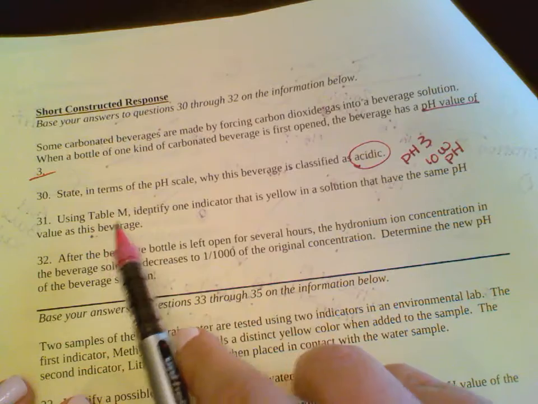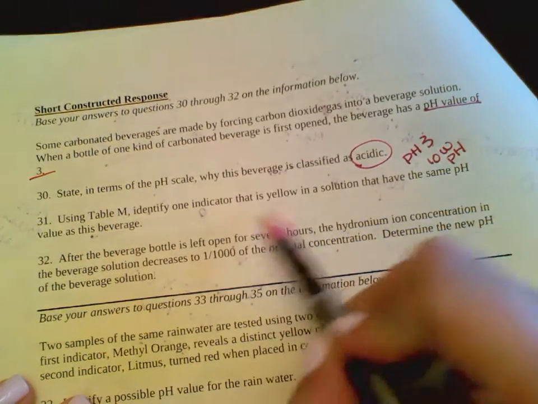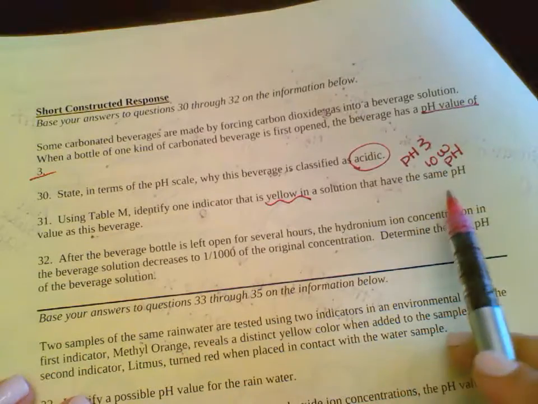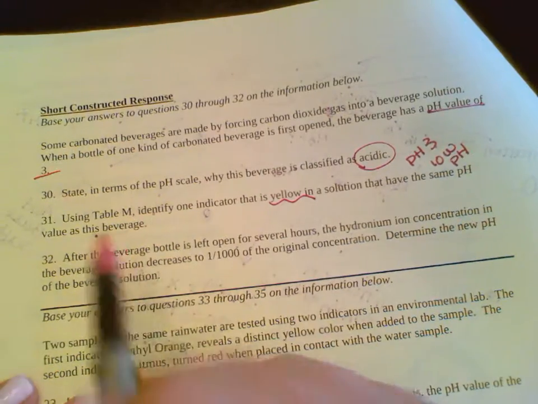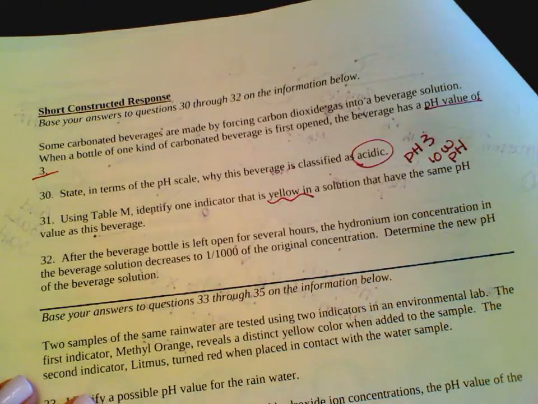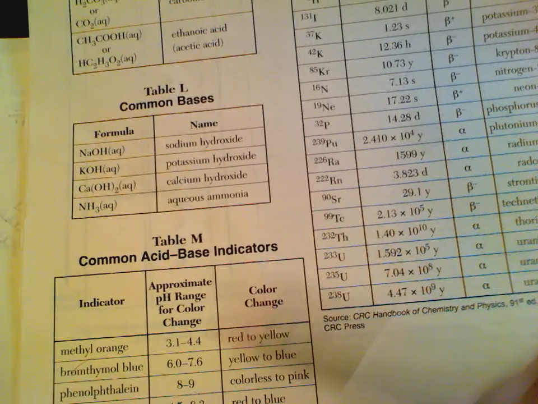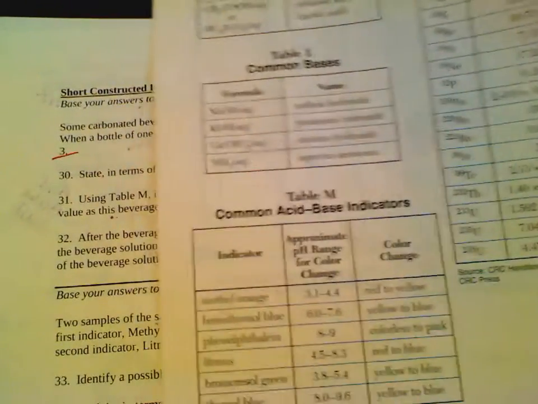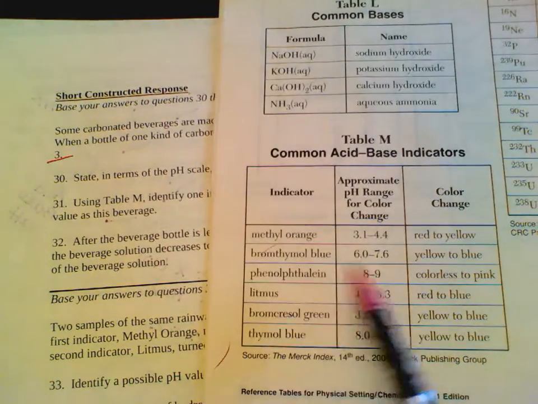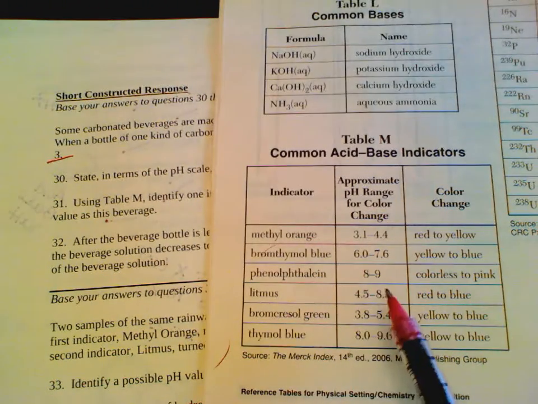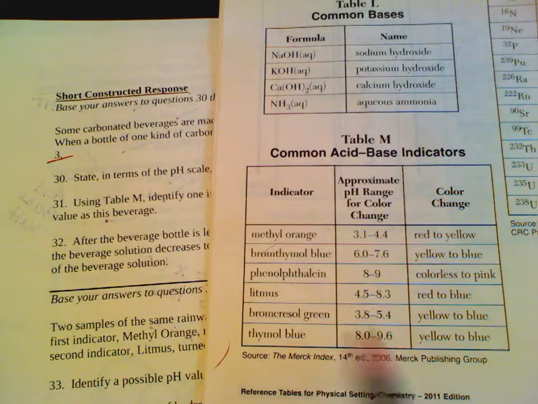Using Table M, identify one indicator that is yellow in a solution that has the same pH value as the beverage. So I'm going to check that pH of 3. I go to my Table M and I say, well, who's yellow? Well, I can have bromothymol blue. That would be yellow. And I have bromocresol green. That would be yellow. And so would thymol blue. So I can actually put any of those.